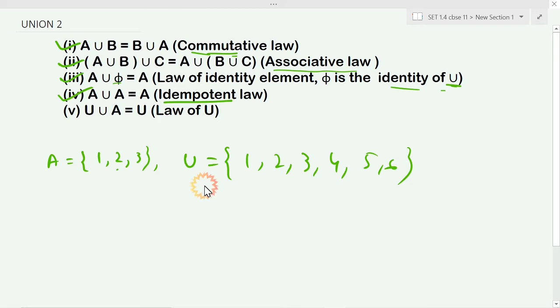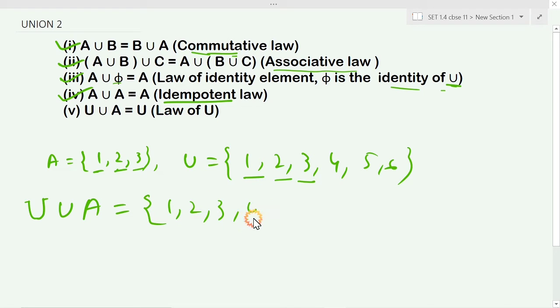So this is the universal set for the set A. So the union of the universal set and A equals, first of all we have to find the common elements, that is 1, 2, 3, then the other elements 4, 5, 6.